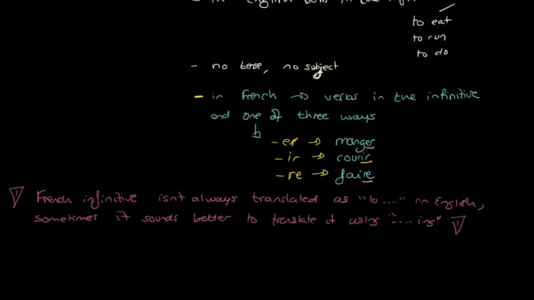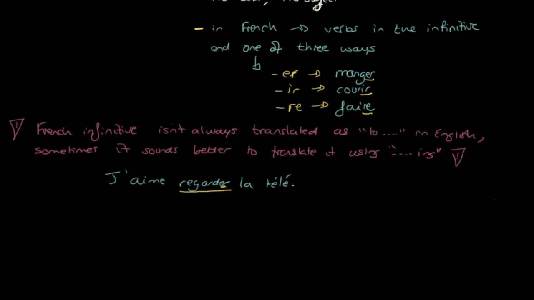Let's have a look at an example. J'aime regarder la télé. Now can you spot which verb's in the infinitive? Hopefully you've realised it's this one here, regarder, because it ends ER.